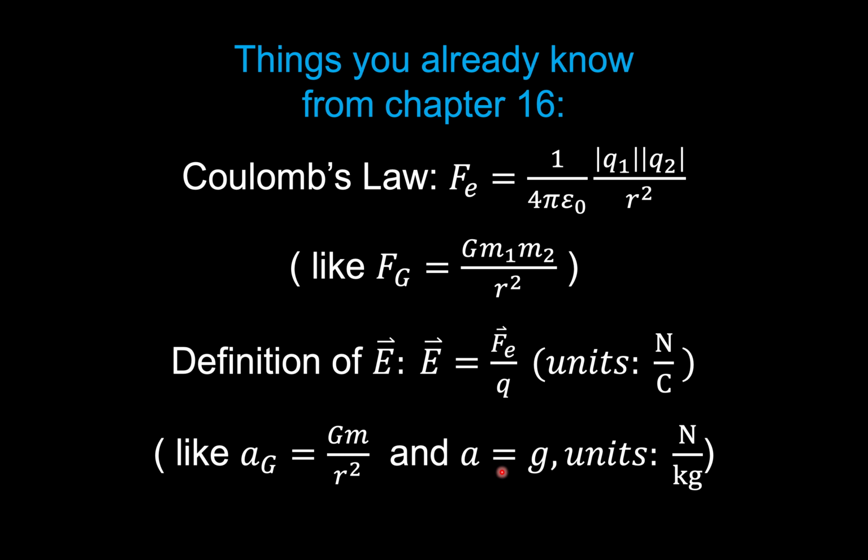Locally, we have a uniform gravitational field at the surface of the Earth, and here our 9.8 meters per second squared, which we usually think of as gravitational acceleration, we could also think of that as 9.8 newtons per kilogram. We get 9.8 newtons of force per every kilogram we place in that local gravitational field at the surface of the Earth. So it may be helpful to understand that analogy as well.